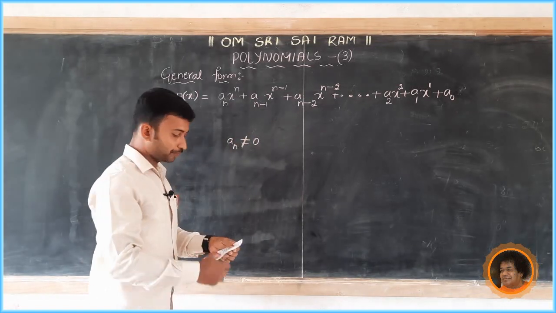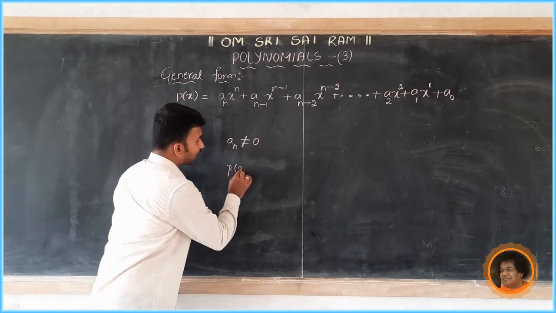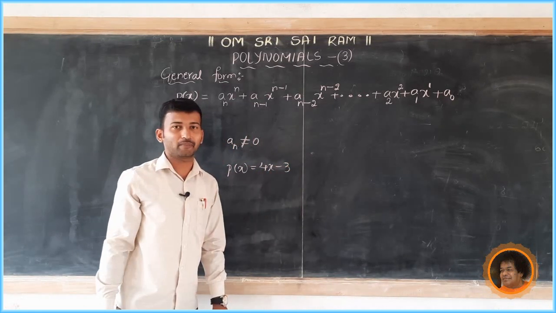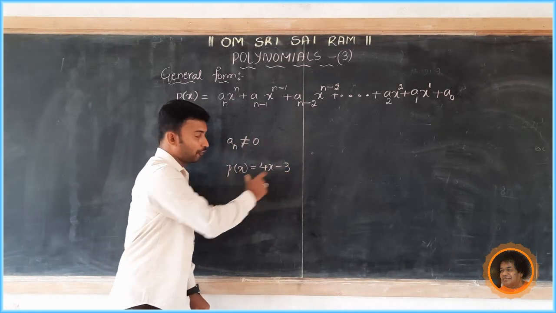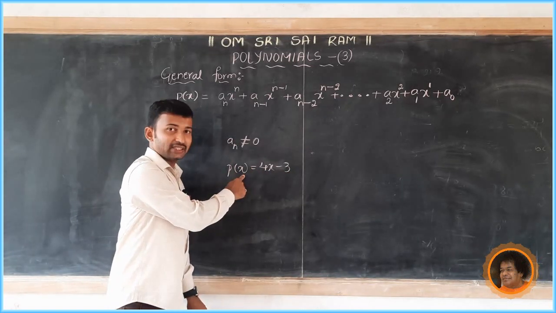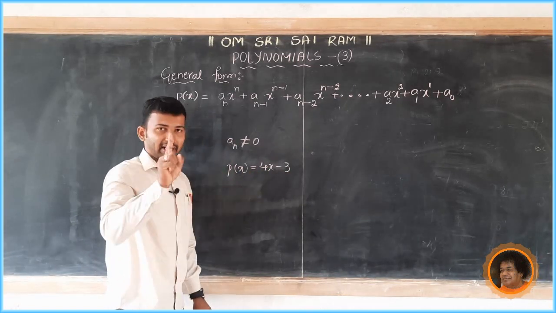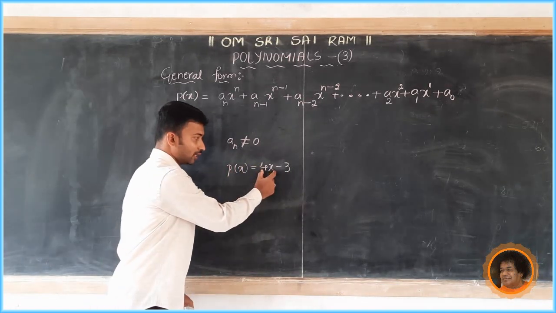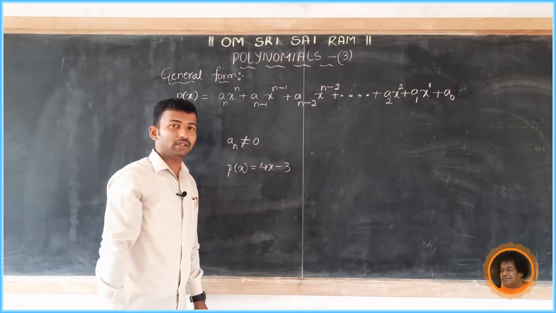For example, P of x is equal to 4x minus 3. P of x means x is the variable in the polynomial, and this is an example of a binomial.